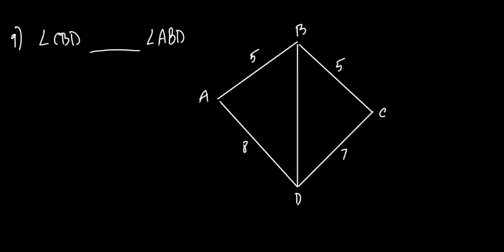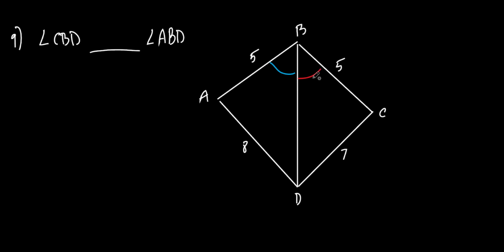All right, so let's take a look. Let's do this different color. CBD, where's CBD? CBD, this one right here. I want to compare that one, and I'll just do the other one in a different color, to ABD. Where's that? This one right here. Let's compare these two. Compare the red one to the blue one. So where do we look? I look not at the angles. I look at the side across.